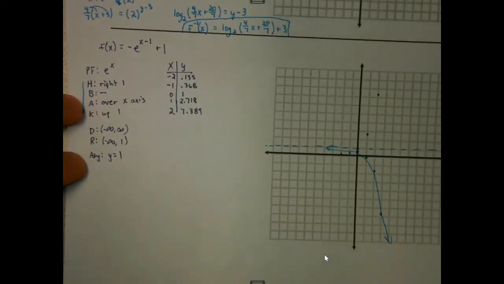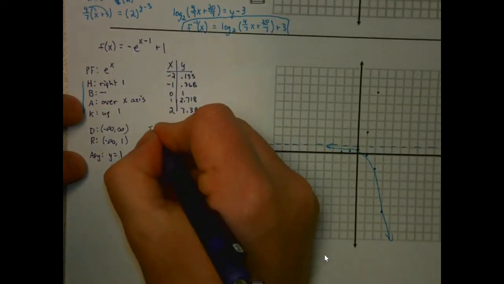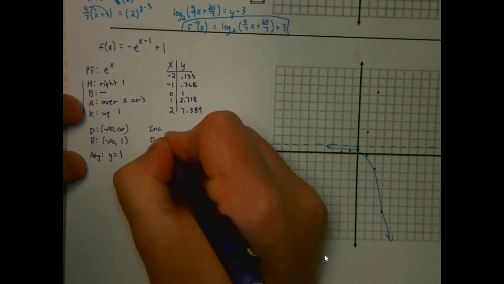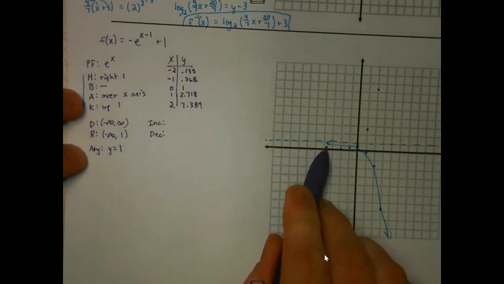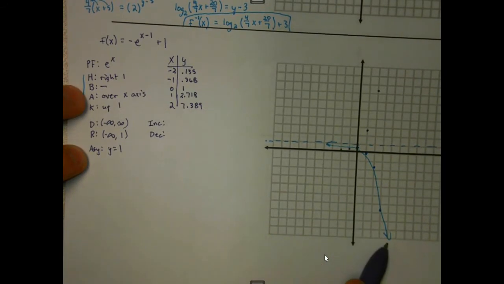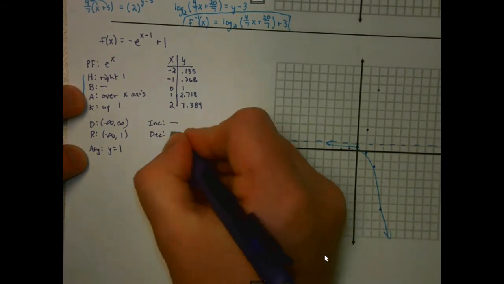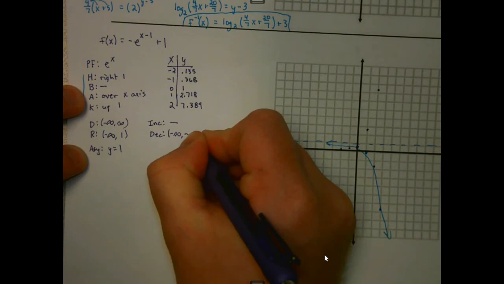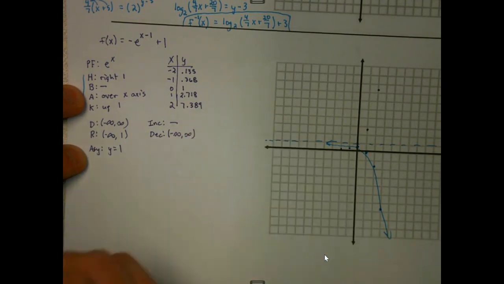Okay, let me pull this out here so we see where we're at. Where is it increasing or decreasing? If we look here, this is always falling. It always has a negative slope, so it is never increasing. It is always decreasing. Our end behavior.